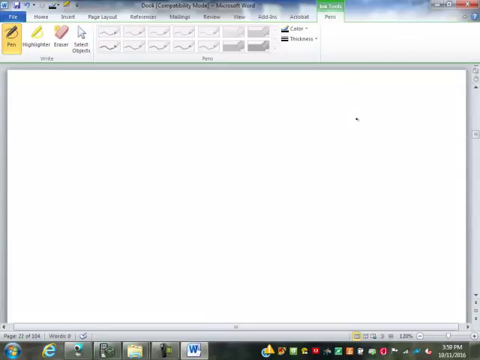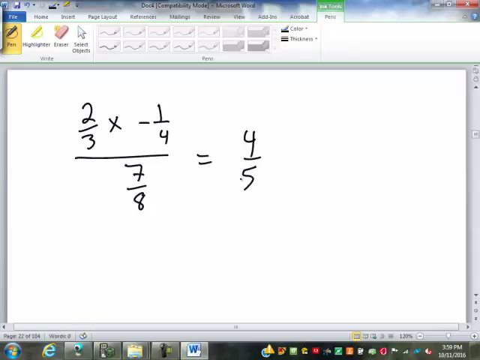But what if it's not quite that simple? What if it looks like this? I'm going to have you try this one in your notes. See if you can get it without help. So what's our first step? Multiply by 7/8.